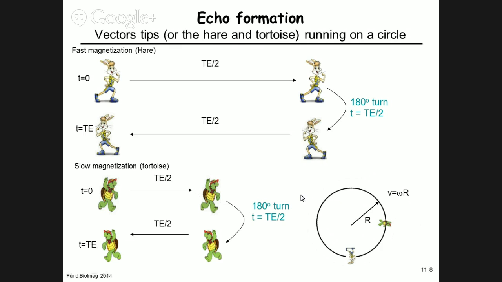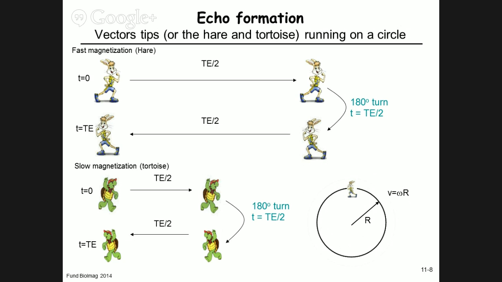This is exemplified here as they are going back, and after the same time they are coming back at the same position and finding each other at the point of start. Okay, so that's now a hare and a tortoise.